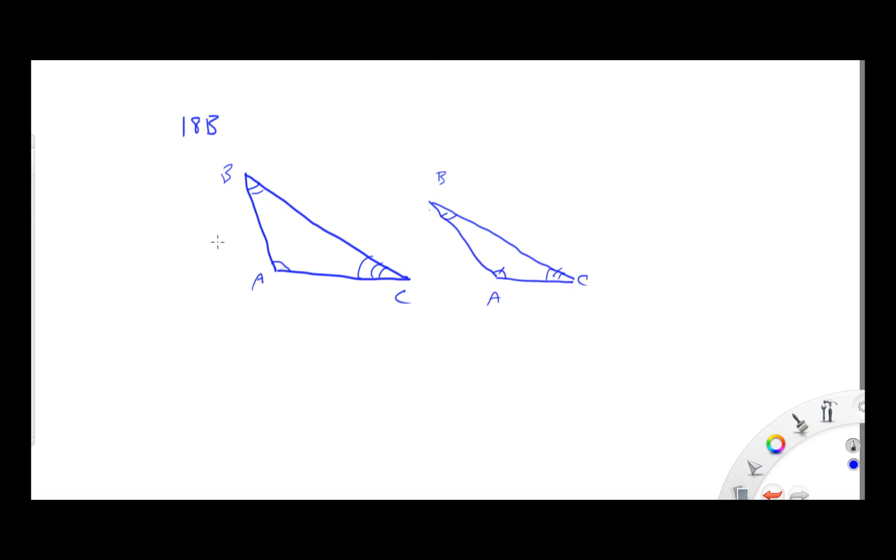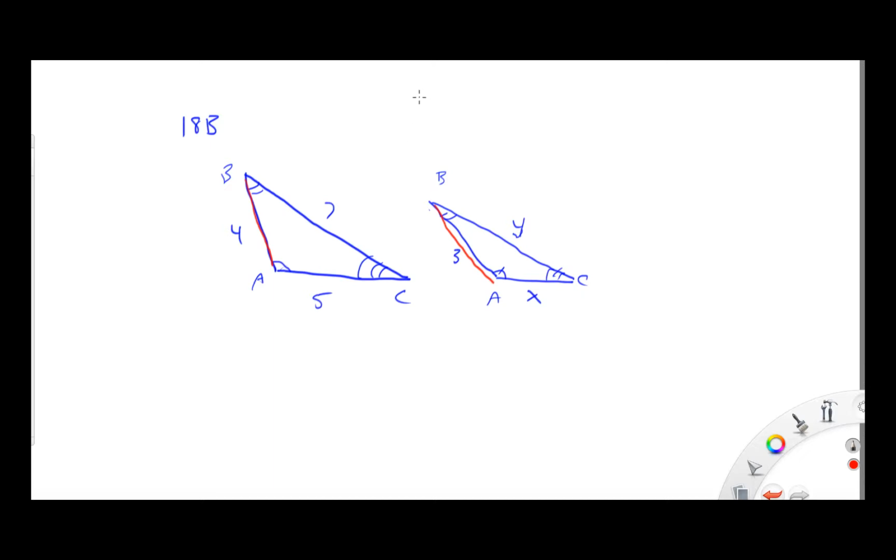In this, they give some numbers. They call this 4, this hypotenuse 7, and this leg 5. And then on the smaller one, we have 3, y, and x. We don't know these two sides. Can we get what's called a scale factor? What are the two sides that we know? We know this side and this side are corresponding.